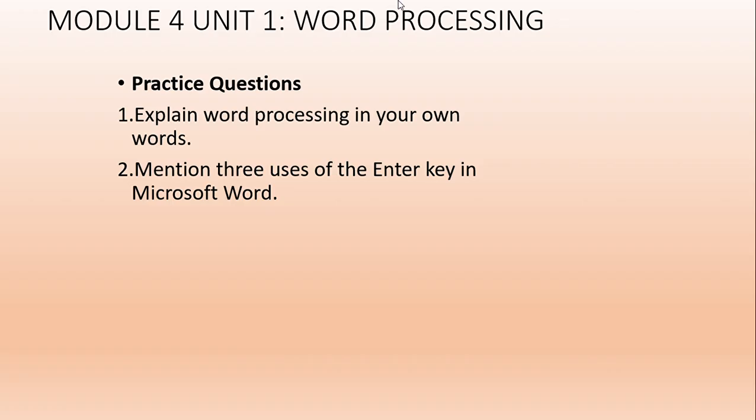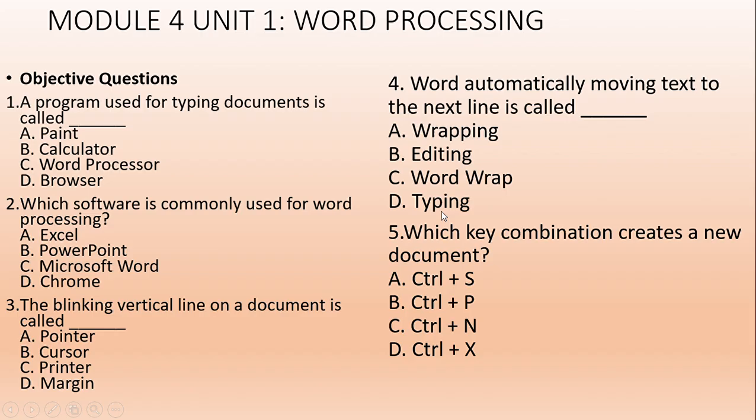So that's for that. So let's go to the objective questions that we have before we end the class. So we have 5 objective questions here. The first one says, a program used for typing documents is called dash. What's it called?